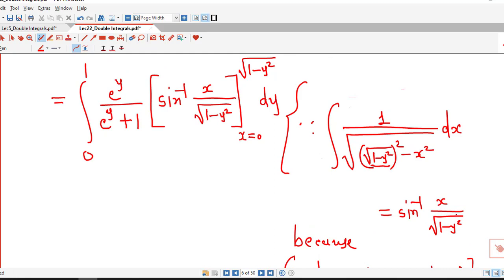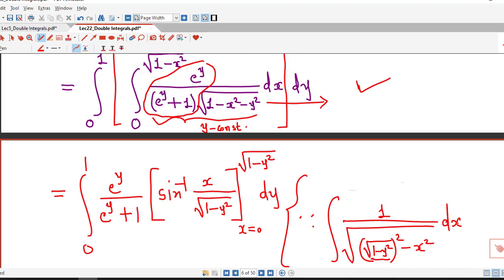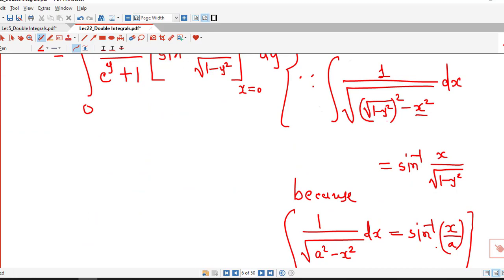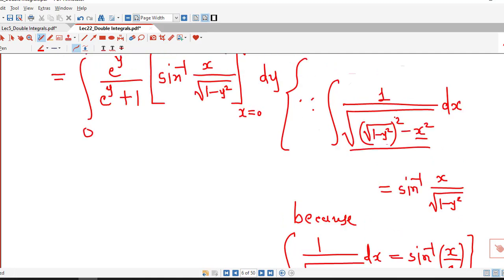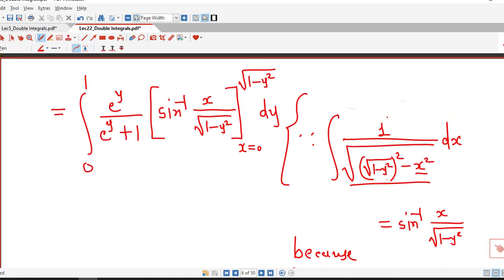So we write sine inverse x by under root 1 minus y square. Here we have written 1 minus y square as square root of 1 minus y square whole square, minus x square, so that it looks like under root a square minus x square. So the integral of this is sine inverse x by a. Therefore the integral of this is sine inverse x by square root of 1 minus y square.